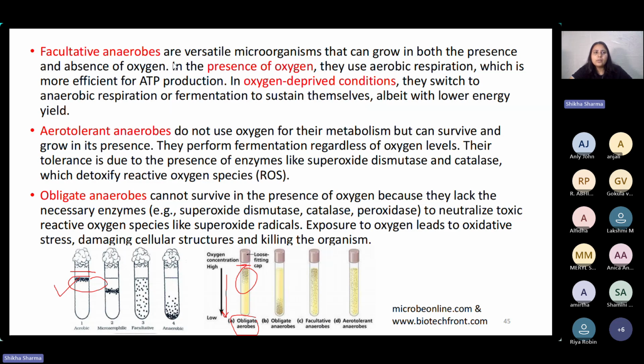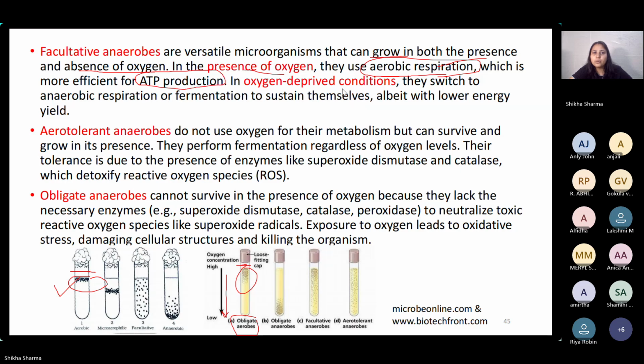Facultative anaerobes are versatile microorganisms that grow in both the presence and absence of oxygen. In the presence of oxygen, they use the aerobic pathway for respiration, which is more efficient for ATP production.